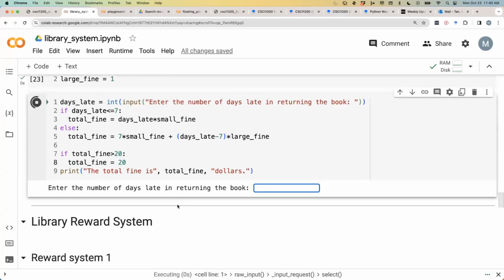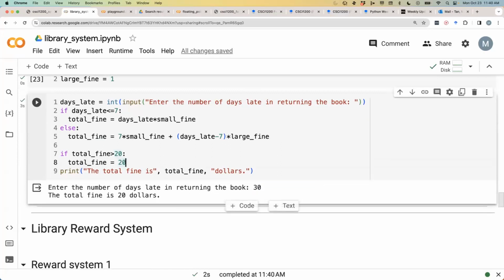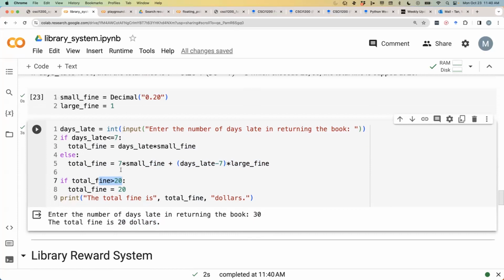So for example here, if I'm late by 30 days, I'd say the total fine is $20, even though your computation shows that it's more than $20, because we have this requirement that we don't exceed a $20 fine. No matter how many days the user returns late, if the total fine calculation shows that it's more than $20, we just fine the user $20 only.